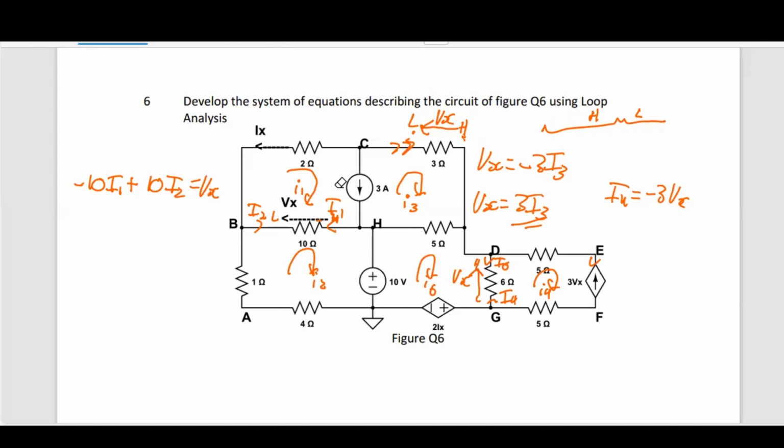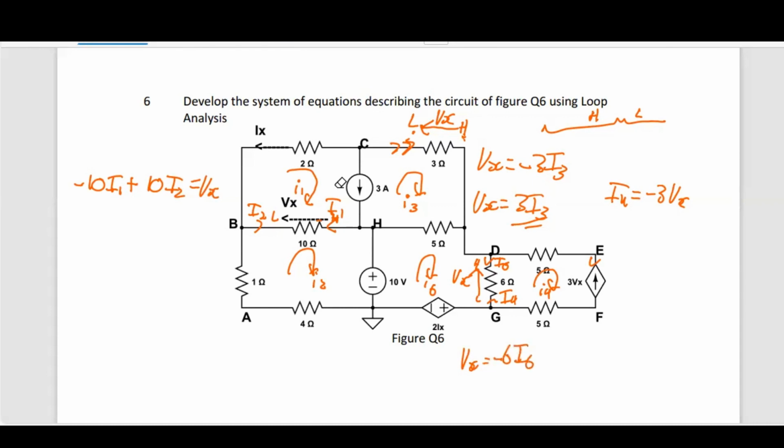See it? Going opposite to what I assume. So we expect it to go from a high to a low, right? Same thing that we did before. So high to low, expecting negative. So Vx for the I6 loop will be minus 6 I6.